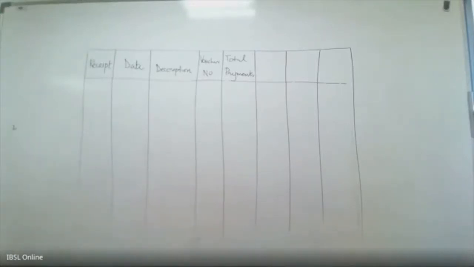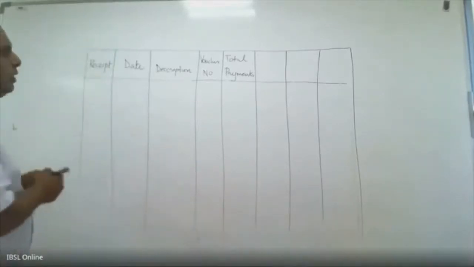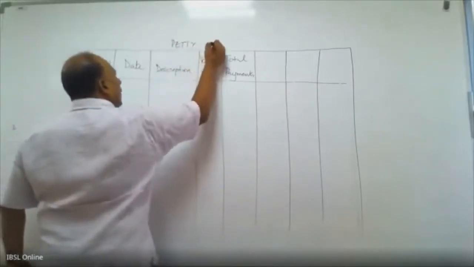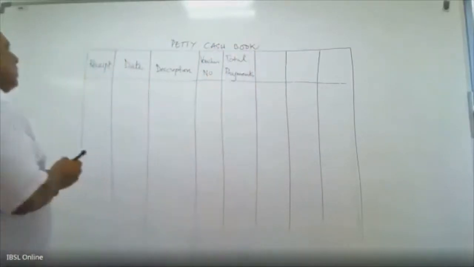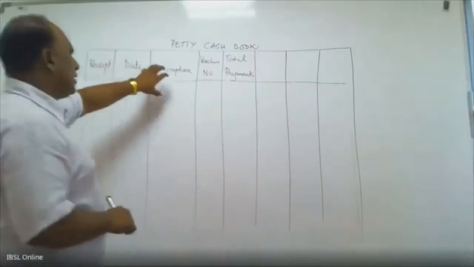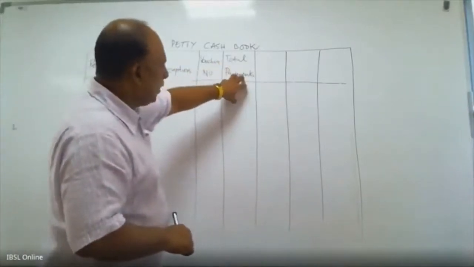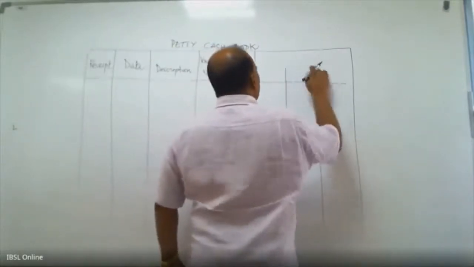The petty cash book will be like a table, where the first column will be the receipt. Receipt means the money that you receive. Now this is the petty cash book, right? Then you will have a date, description, voucher number, total payments, and then you will have another miscellaneous column.